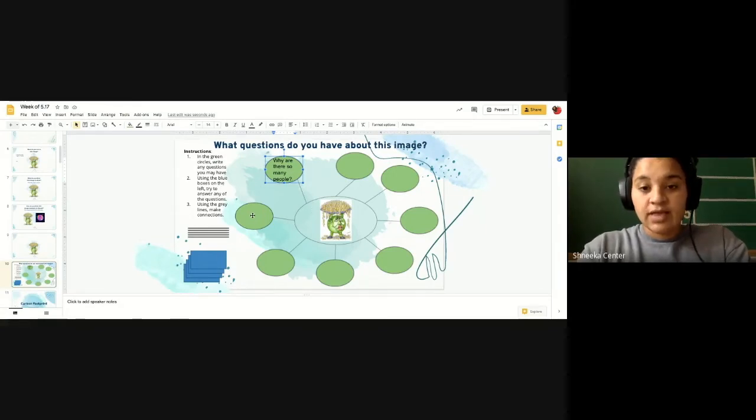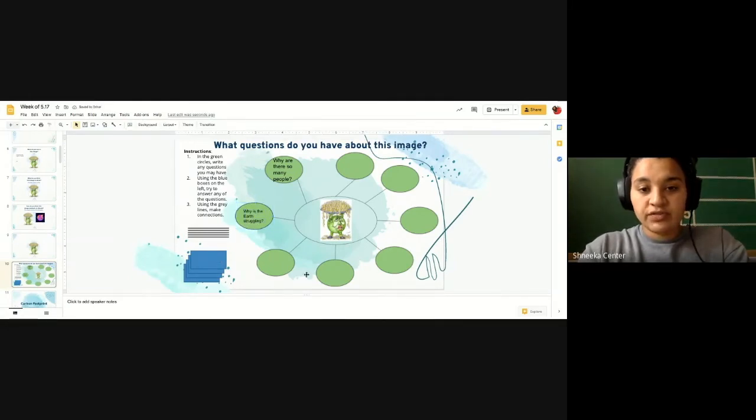So let's say that my partner has a question, or one of my group mates has a question, and it says, why is the Earth struggling? In the picture, the Earth looks like it's struggling or tired or upset. So we're going to say that it's struggling. And that's my partner's question.